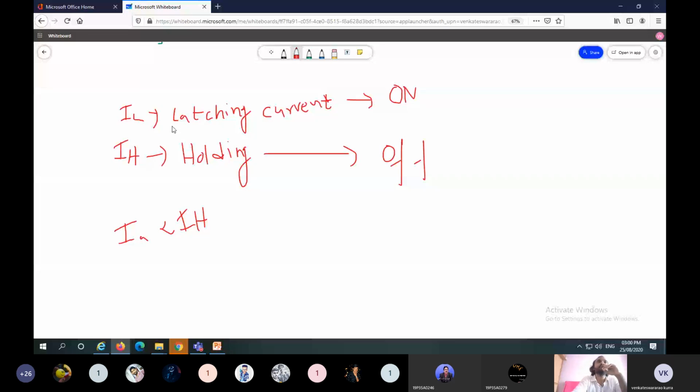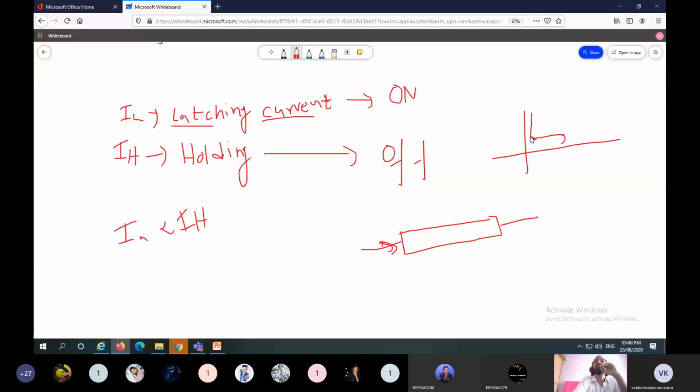Latching current means the minimum amount of anode current. Suppose this one is the SCR. The minimum amount of current required to turn on the device is known as latching current. If it does not reach that current, the device will not turn on.